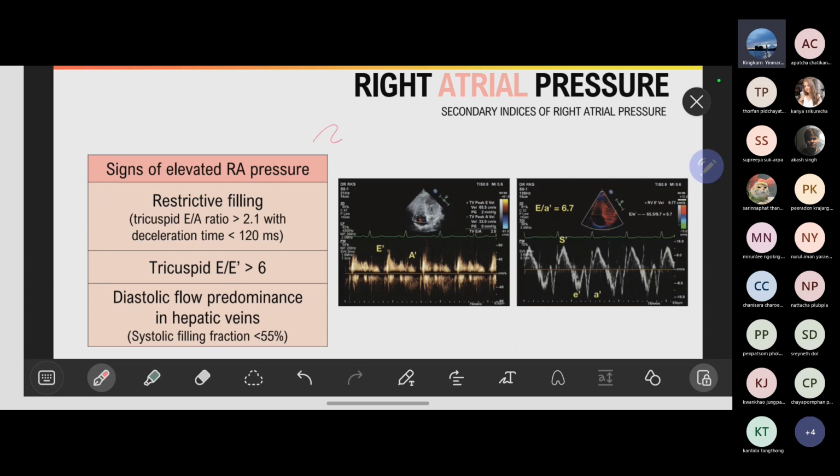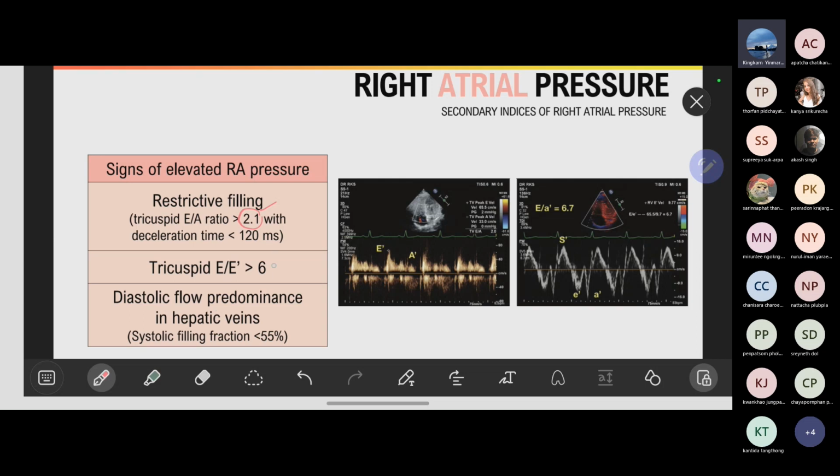These are echocardiographic signs of elevated right atrial pressure. Tricuspid E by A ratio is more than 2.1 with deceleration time less than 120.